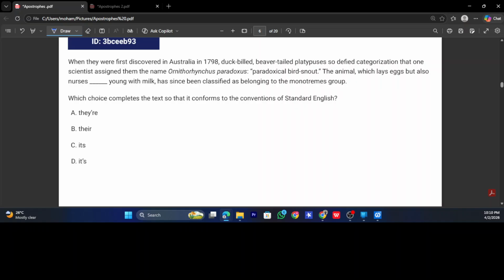And try to solve this also. Your main goal is to find the noun phrase.